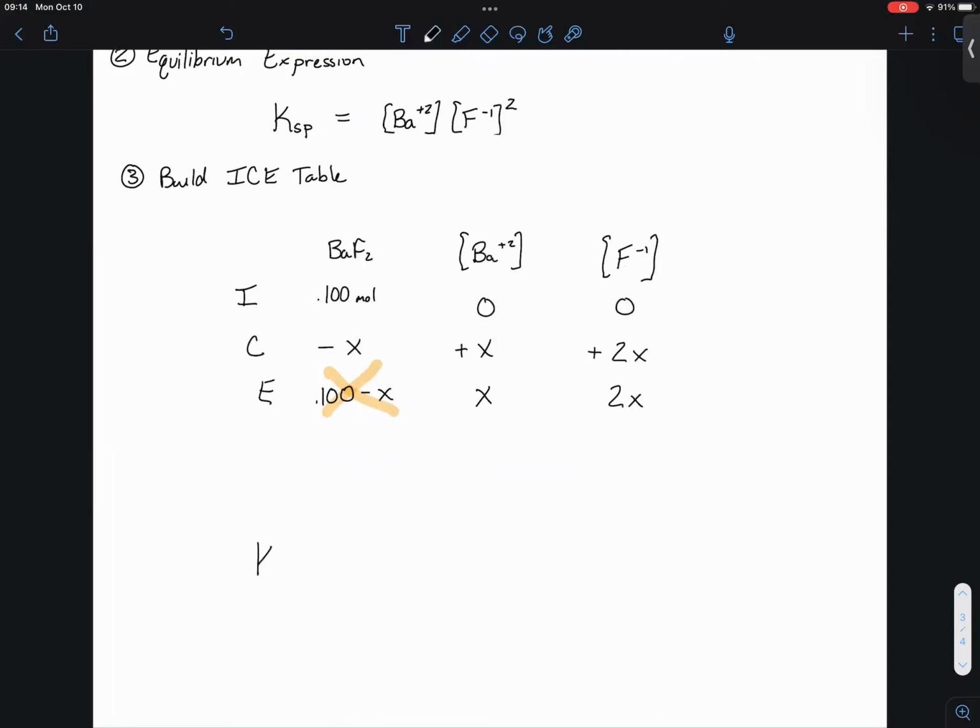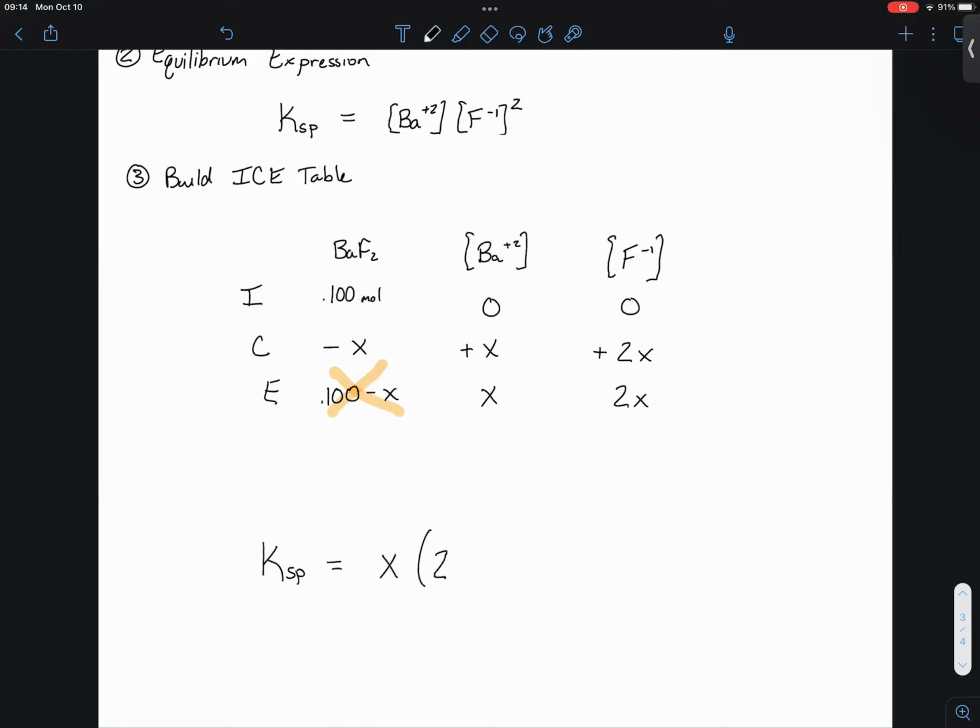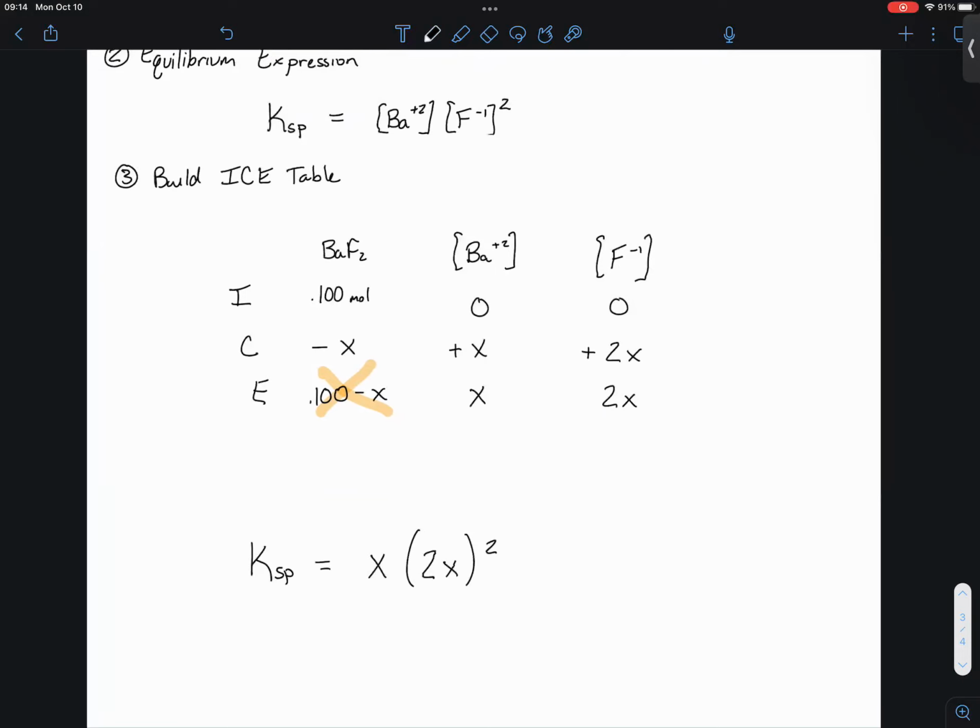I get Ksp equals X times 2X squared, right? Make sure that you can see how I got that 2X squared because the concentration of fluoride was that 2X. And when I plug it in here to my Ksp expression, that concentration of fluoride ions is squared.